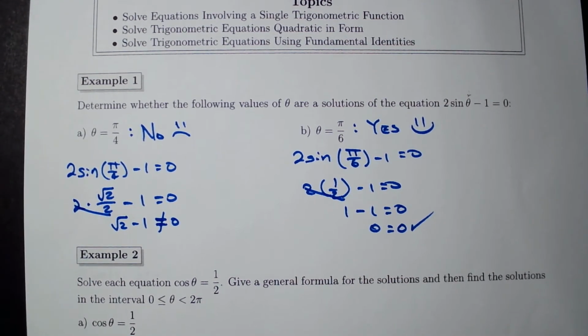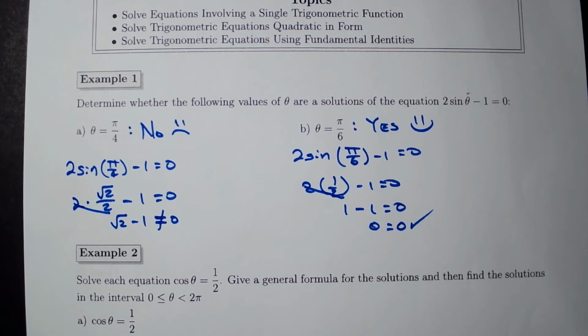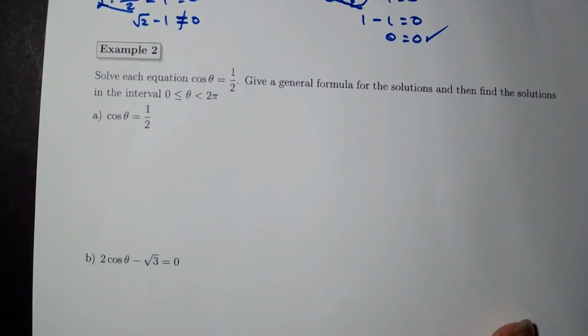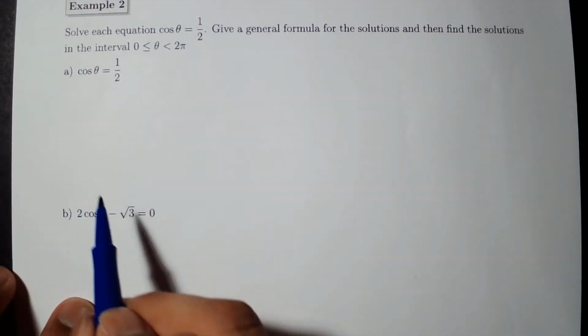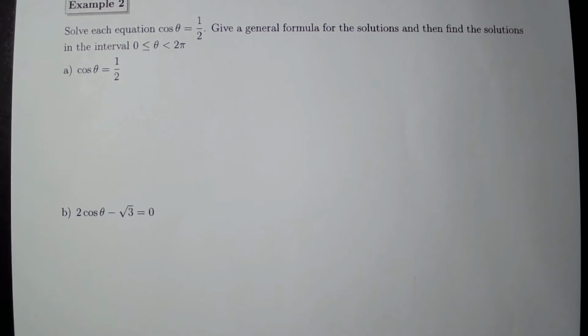Alright, how are we going to solve equations? In order to solve this trigonometric equation, let's first look at some of the easier cases, the ones that do not yet require the use of a trigonometric identity or solving something very fancy.